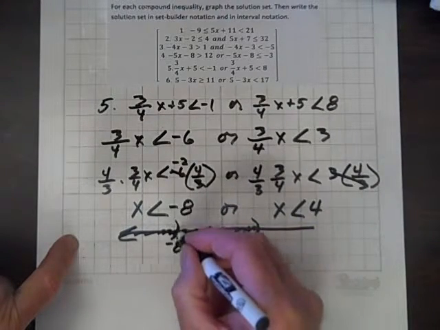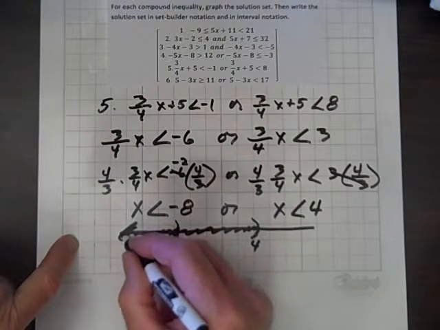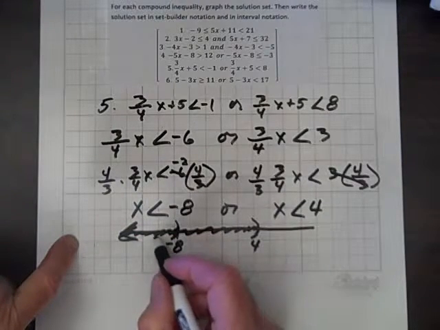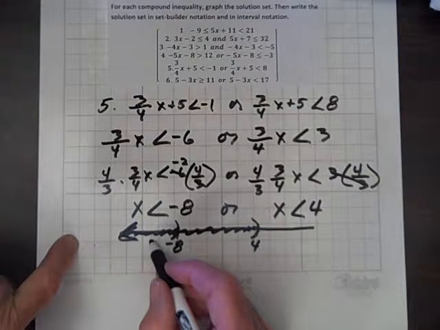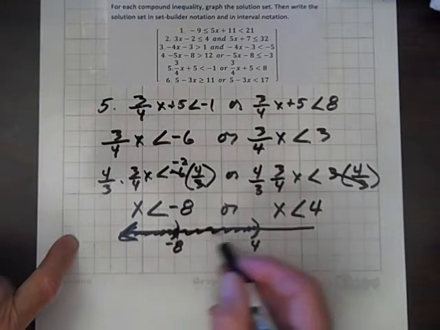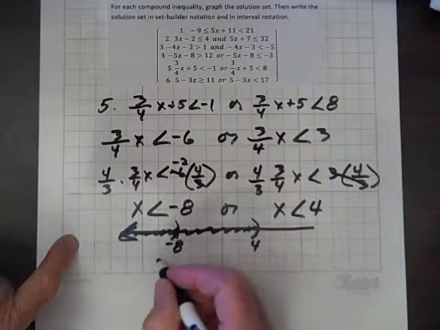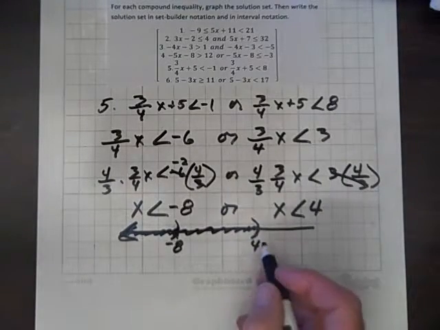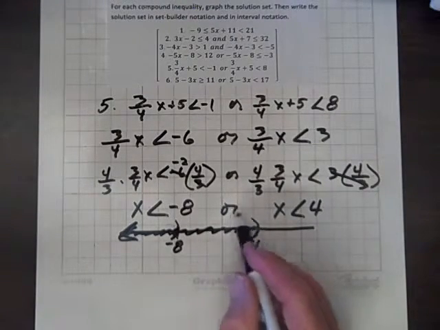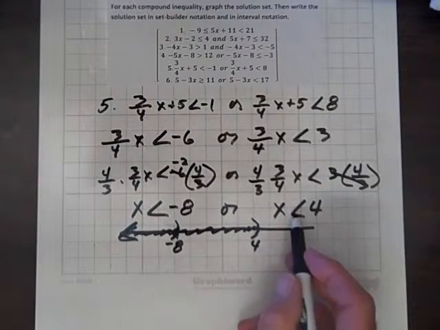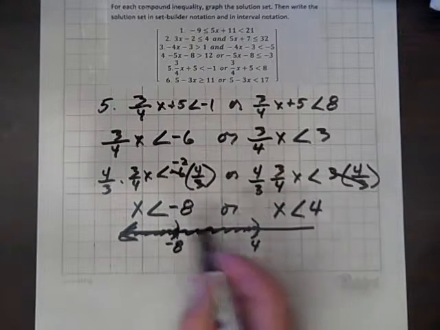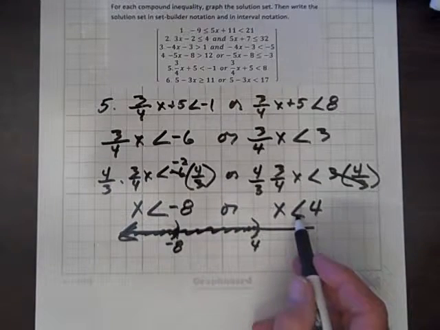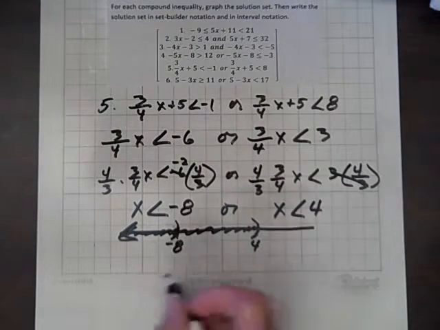Well, notice, once we get past negative 8, we've picked up all of these values to the left of negative 8 too. So then all our solutions lie, since it's a disjunction, only one of these inequalities has to be satisfied to satisfy the compound inequalities.